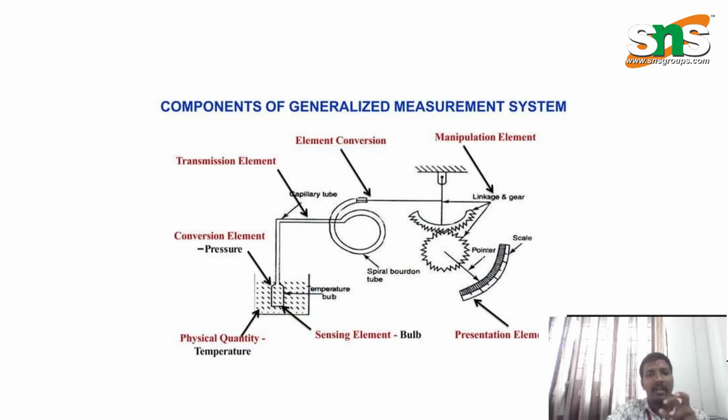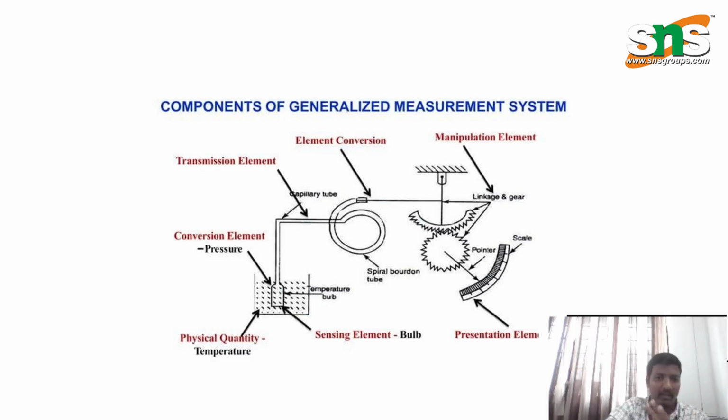Then we have a capillary tube for the rise and fall of the water. We convert this value for the manipulation part, and then we have some gear linkages. By using the gear linkages, the pointer touches the scale, and we can easily know the temperature value.